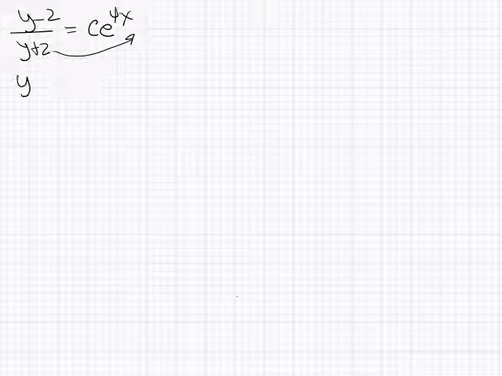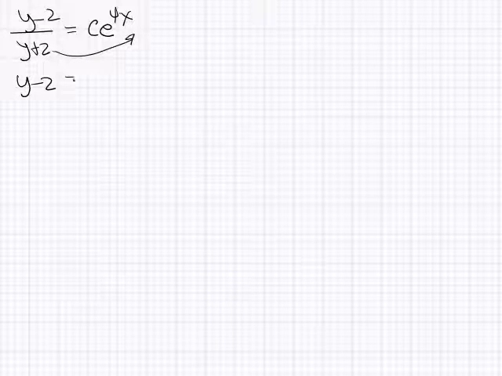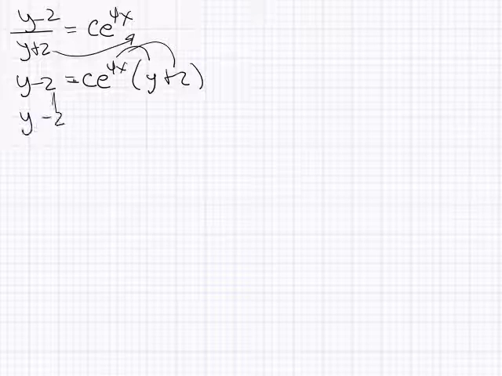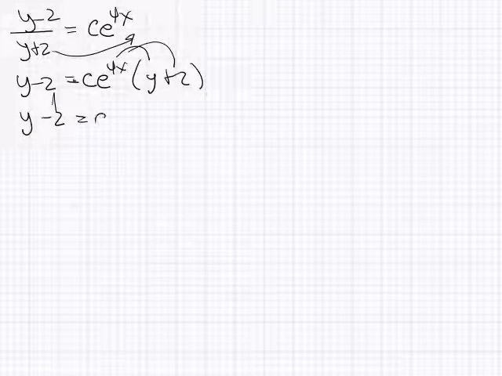So we have (y minus 2) over (y plus 2) equals e to the 4x times c. I'm going to multiply this to the other side, so y minus 2 equals c e to the 4x times (y plus 2). I'm going to distribute this in, so y minus 2 equals c e to the 4x y plus 2c e to the 4x.